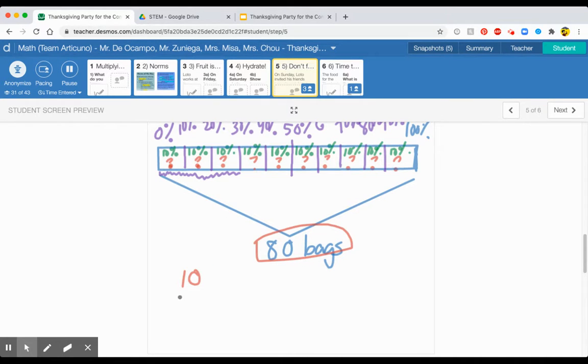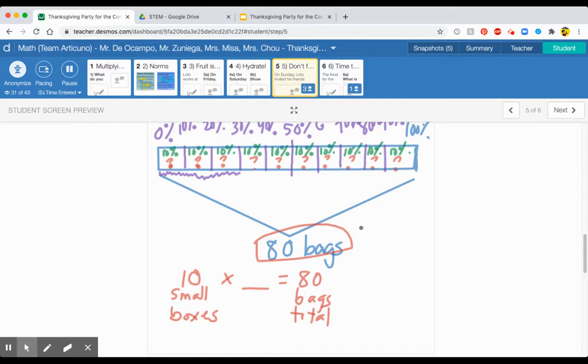So you have 10 small boxes. We don't know what this is because it's a question mark. 10 times what equals 80 bags total? Remember, all of this is 80 bags. It's not just 100%, but all of this is 80 bags.